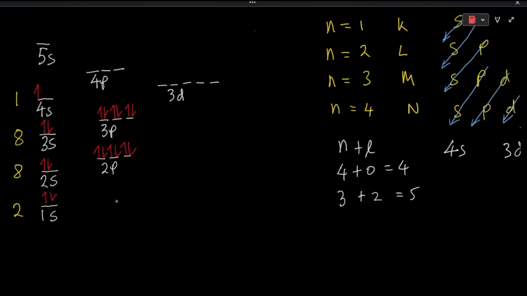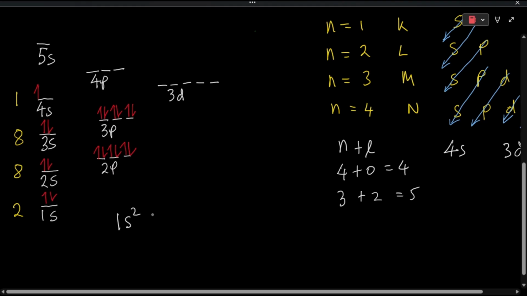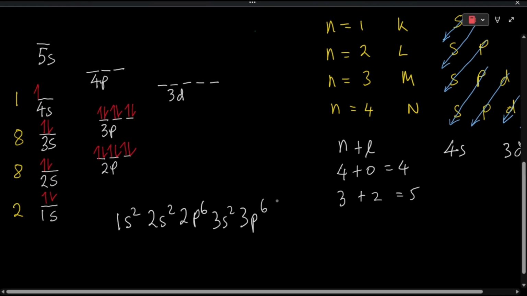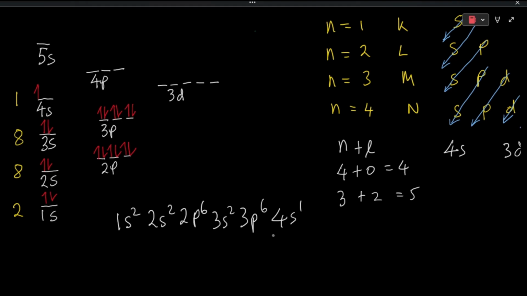And so the electron configuration of potassium will be written as follows. So that is the electron configuration of potassium.